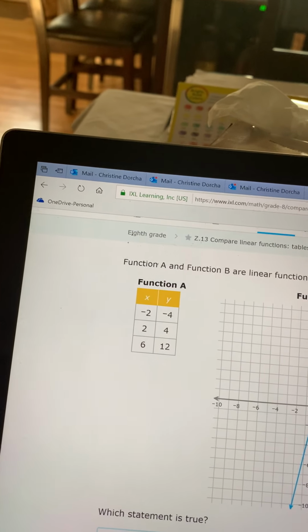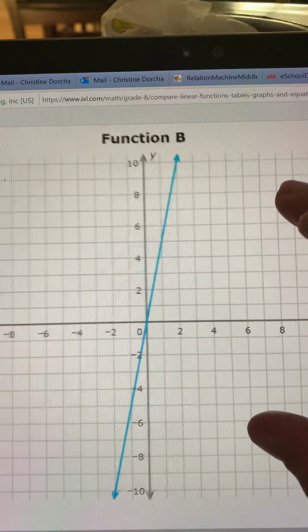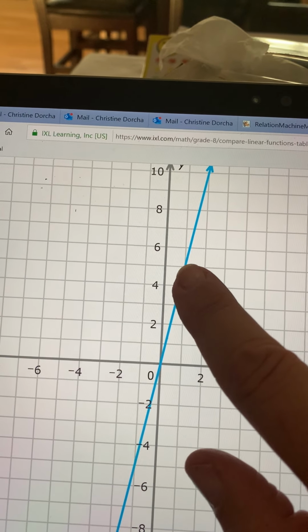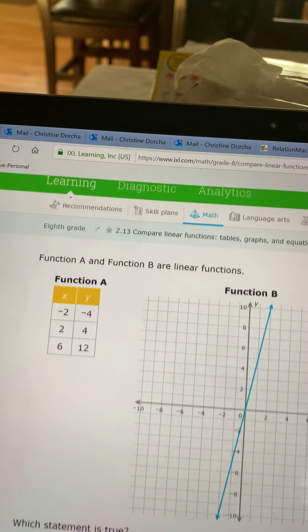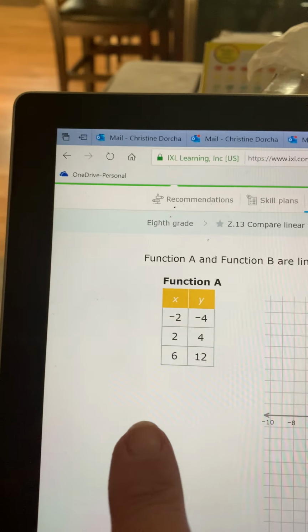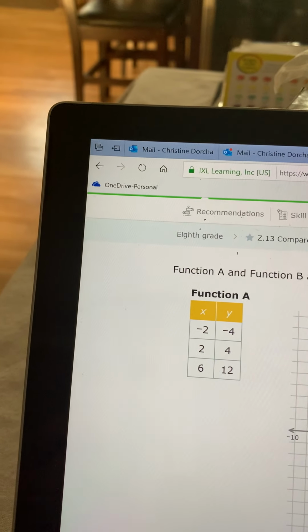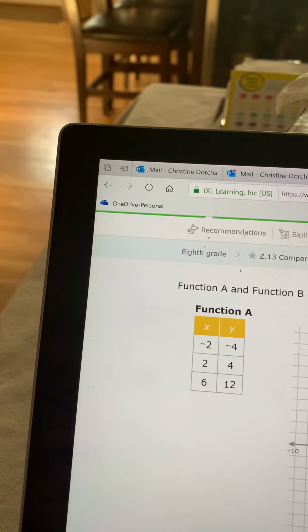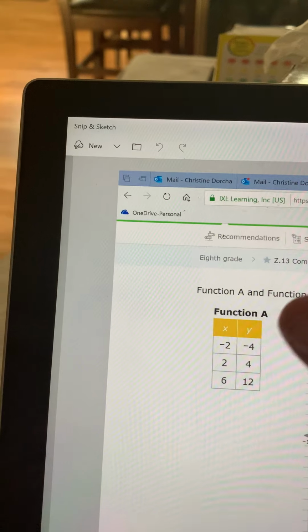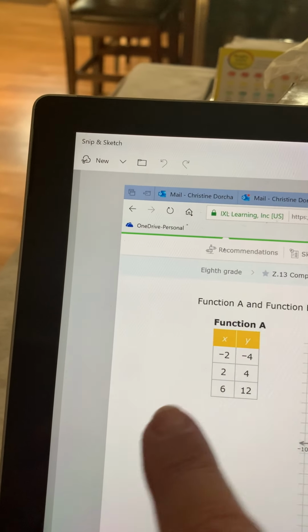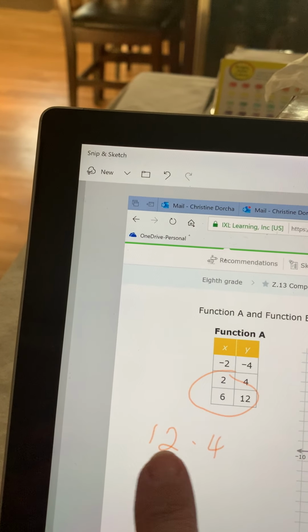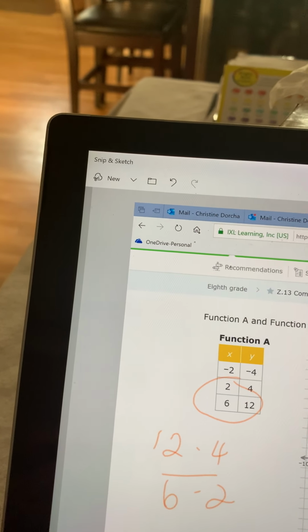So now what they did was they gave you one that's in graph, and you can see that it's up 5 over 1. So the slope of B is 5. And then we have this guy over here. So if we take just a quick snapshot, what we would do here is take these 2 numbers and do 12 minus 4 and 6 minus 2.